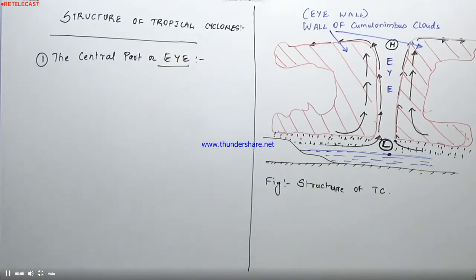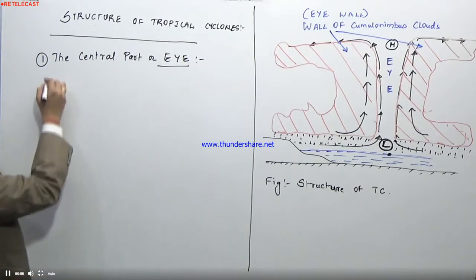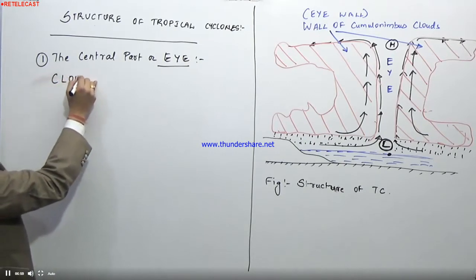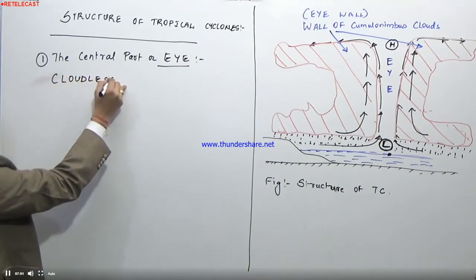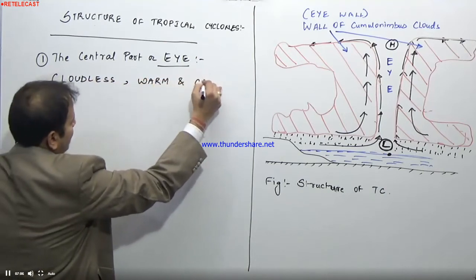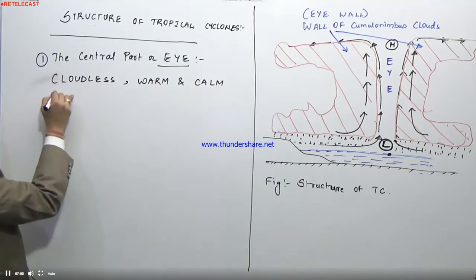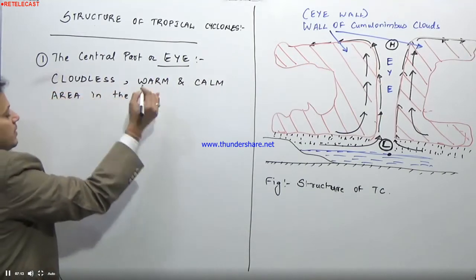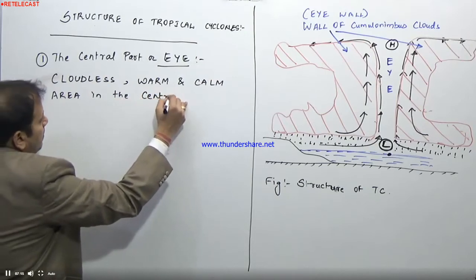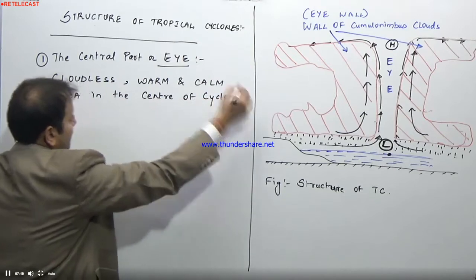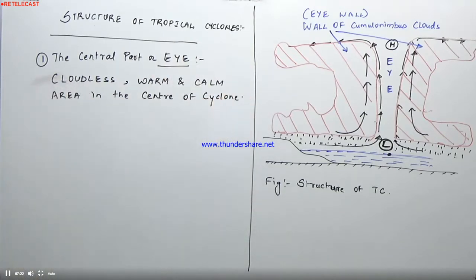This is a largely cloudless, warm and calm area in the center of a cyclone.